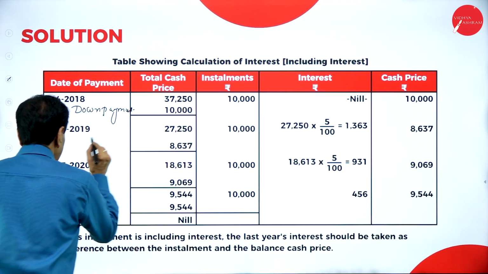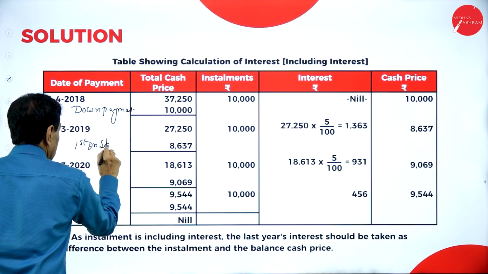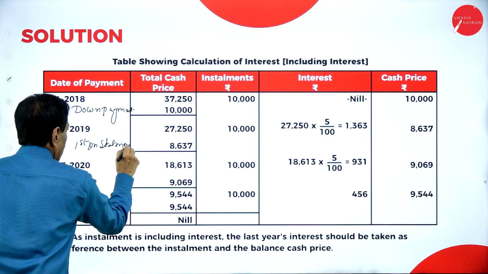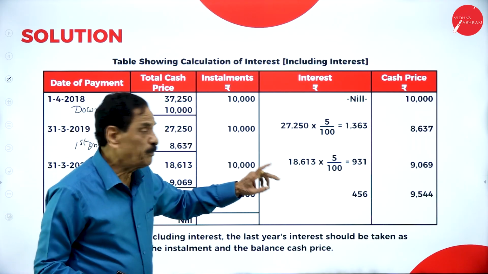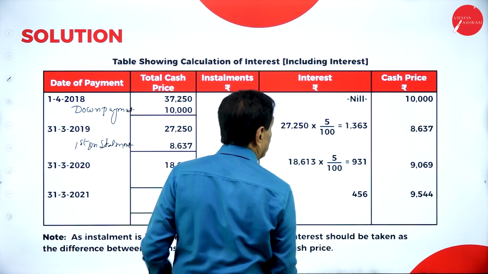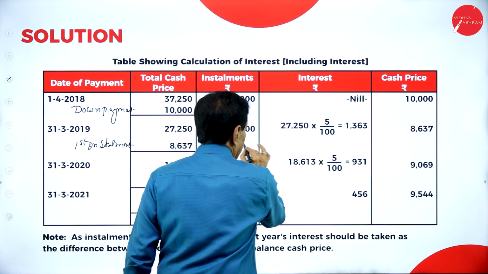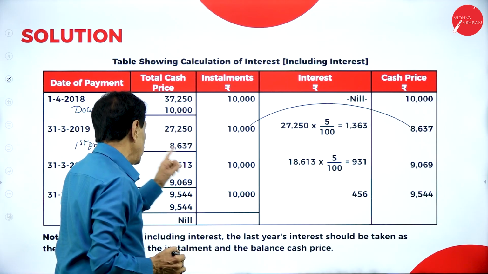First installment. On 27,250, every installment we are going to pay 10,000. Interest at 5% is 1,363. Out of 10,000 deduct 1,363, it will come 8,637.